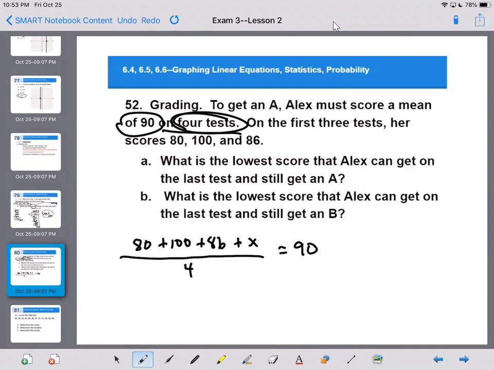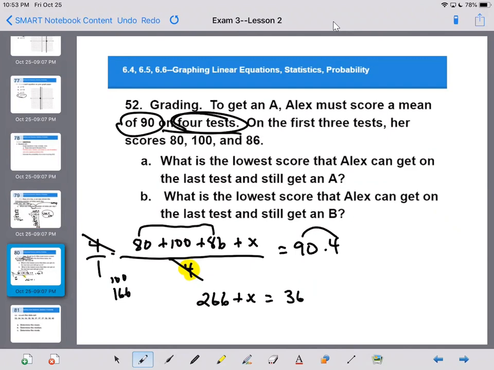Well, okay, so I want to solve for x. Well, I'm dividing by 4 here, so the inverse of dividing by 4 is multiply by 4. So that will eliminate the 2 4s here. And then that's going to give us 80, and 86 is 166 plus 100 is 266 plus x is equal to, what's 90 times 4? That would be 360.